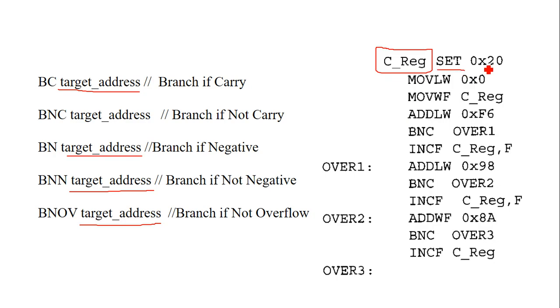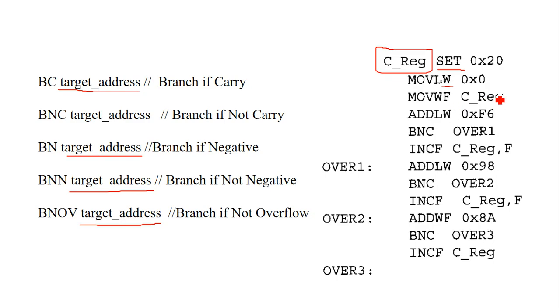MOVLW 0x0, so you are moving the literal value 0 into the WREG register. Then MOVWF C_RG means what? Move the WREG register value into the file register.